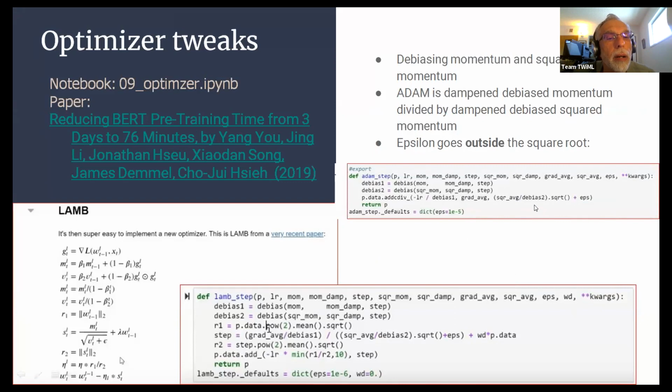Yeah, here the epsilon is outside the square root, and I think they made a mistake here because this is supposed to be the implementation of LAMB, and in LAMB we see that the square root has to be inside. Okay, so for Adam the epsilon stays out, and for LAMB it goes in. That's what I think we get from a lecture like this.